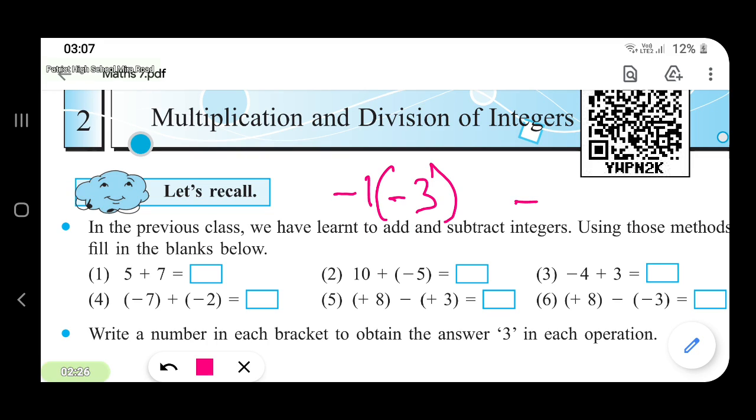That is, it is as good as writing minus 1 multiplied by minus 3. So the answer to this is plus 3. So this will be sixth example, it will be 8 plus 3, because minus of minus 3 is plus 3. So 8 plus 3 will be 11. So the answer is 11.